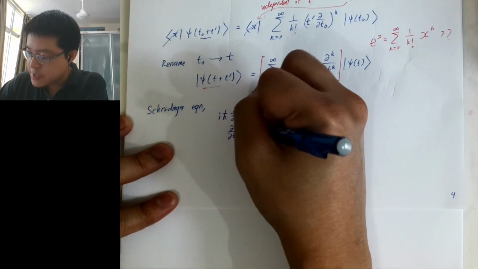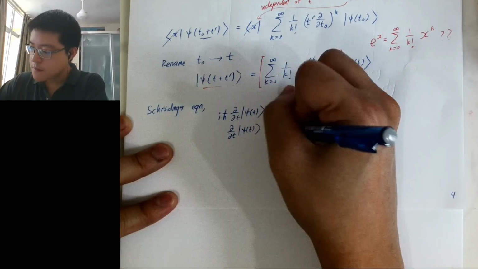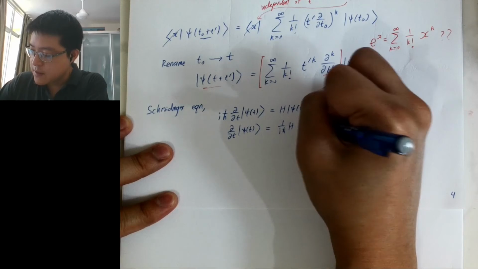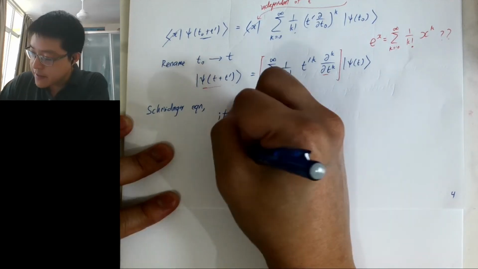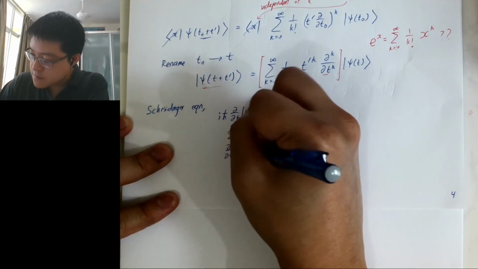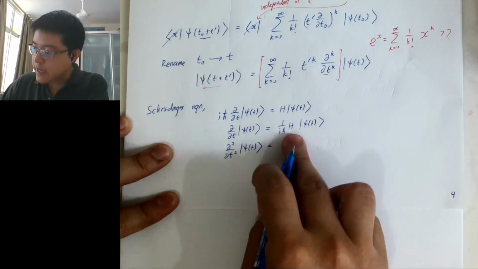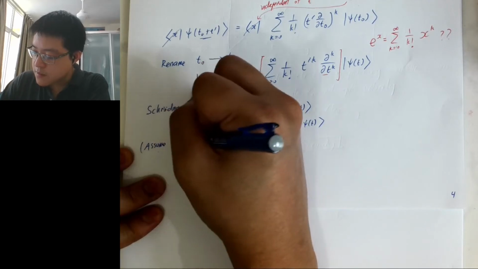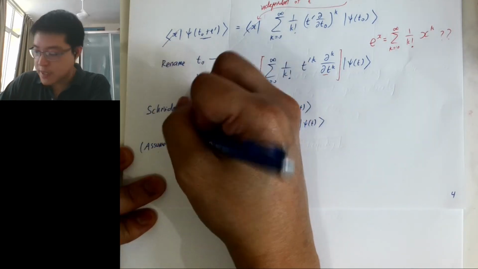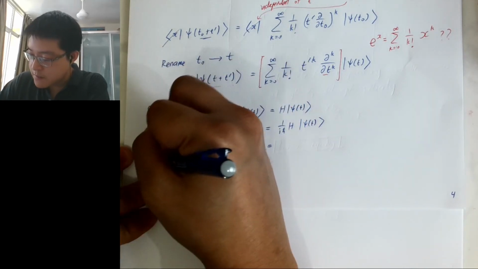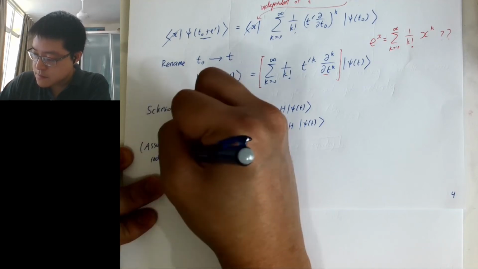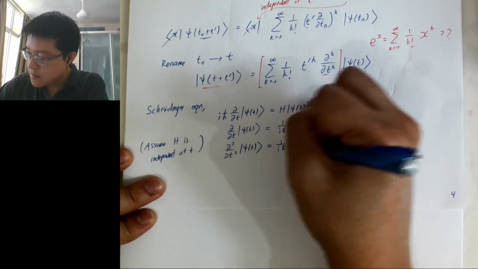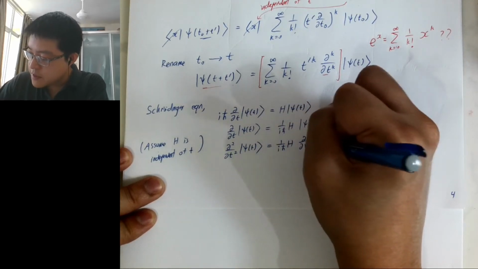If I bring the i h bar to the other side, 1 over i h bar H, and this is acting on psi of t. Okay. In fact, if I differentiate this another time, and we assume H is constant, well, it might be a function of x, but let's assume H is independent of t, so that if I differentiate, the H is still there, but I'm just differentiating my function like this.